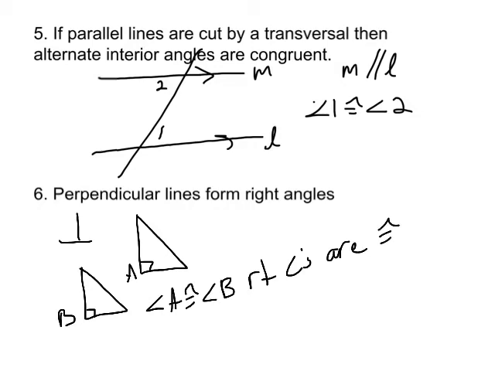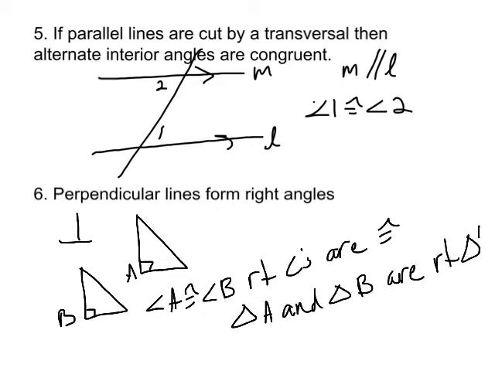But we could also say that triangle A and triangle B are right triangles because each contains a right angle. So those are two separate reasons we can use when we start with perpendicular lines.